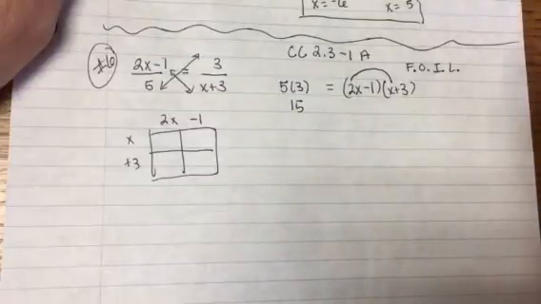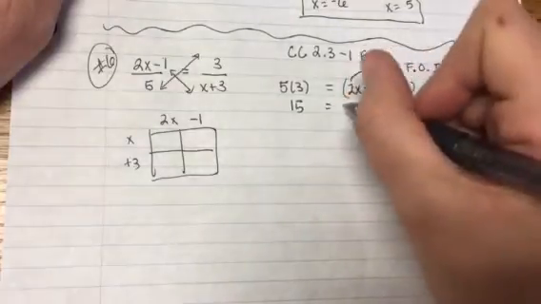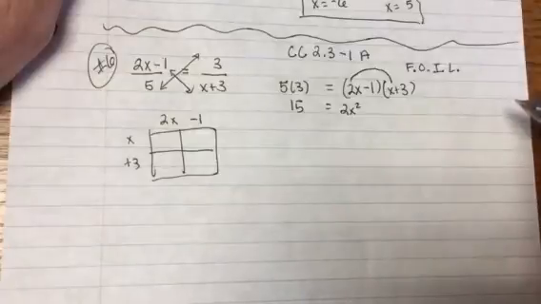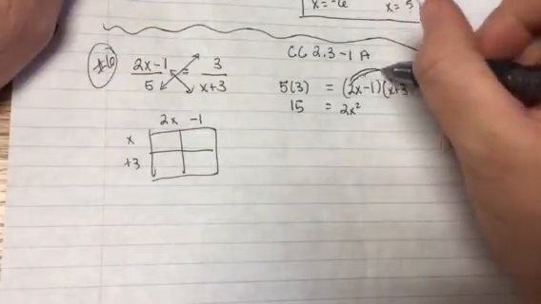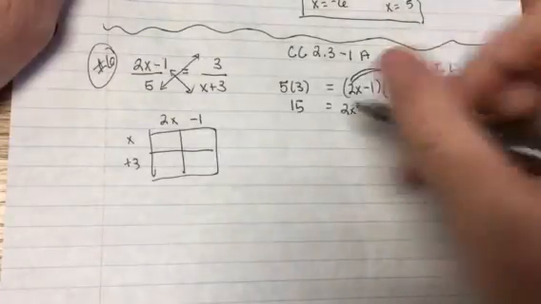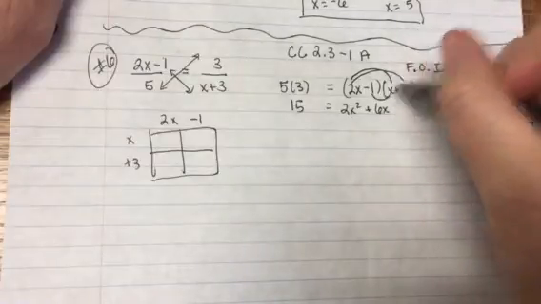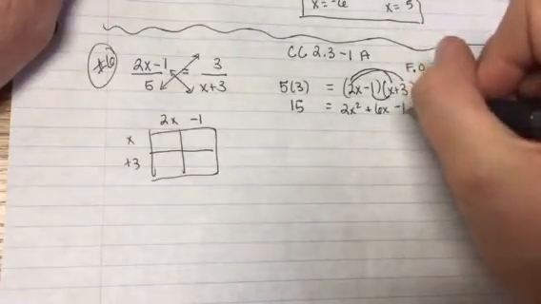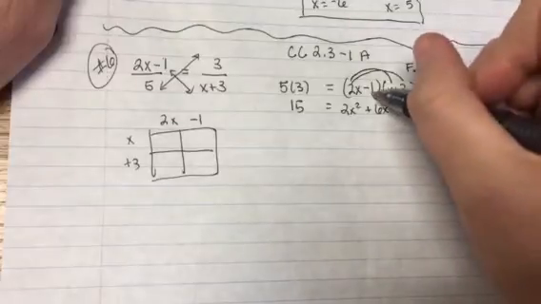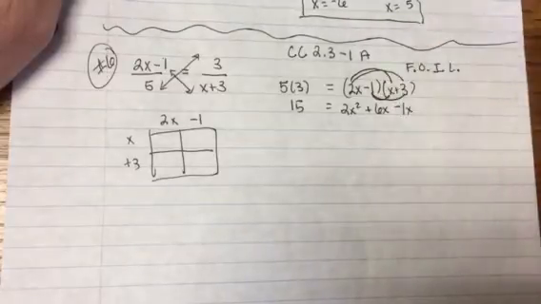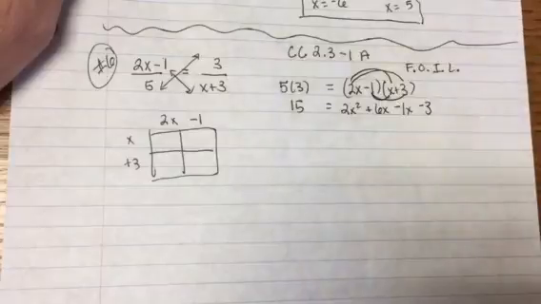So the first two terms are 2 times x, and that's 2x squared when we multiply. The outer terms, 2x times positive 3, we get 6x. The inner terms, negative 1 times x is negative 1x. And then the last two terms, negative 1 times 3 is negative 3.